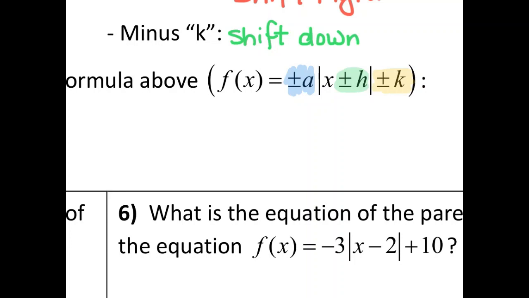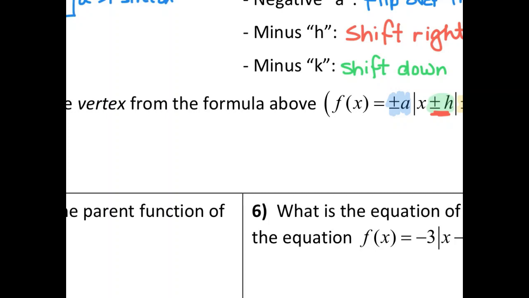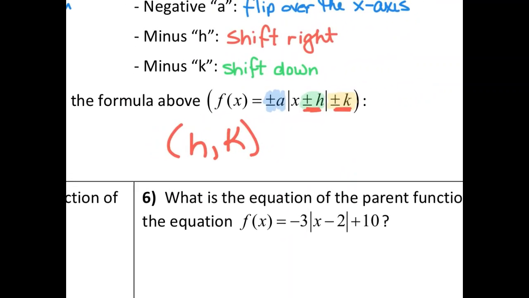If you look specifically at h and k, the vertex of the entire absolute value function is h comma k. And so you just take a look at those numbers, h and k, the one inside the absolute value and the one outside the absolute value, and the vertex of your V shape is going to be at the point h, k.